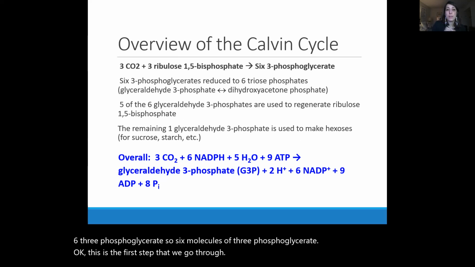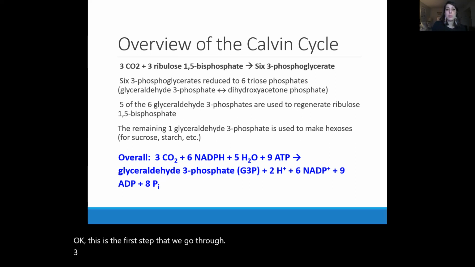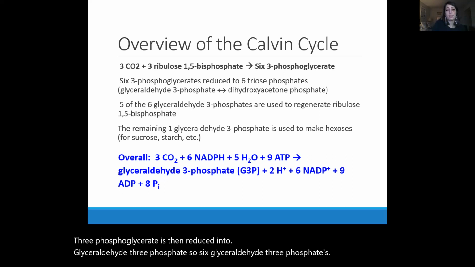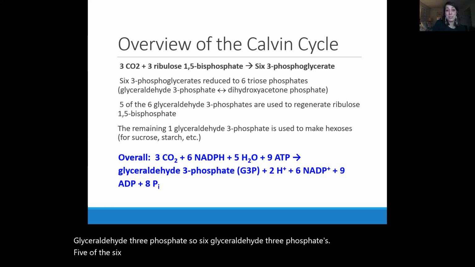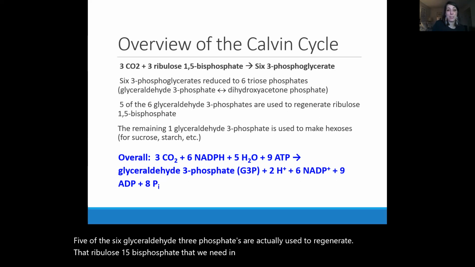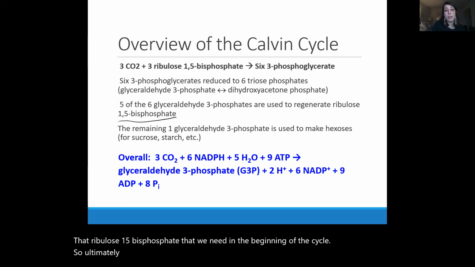This 3-phosphoglycerate is then reduced into glyceraldehyde 3-phosphate, so 6 glyceraldehyde 3-phosphates. 5 of the 6 glyceraldehyde 3-phosphates are actually used to regenerate that ribulose 1,5-bisphosphate that we need in the beginning of the cycle. So ultimately, we only get out 1 glyceraldehyde 3-phosphate as our product.